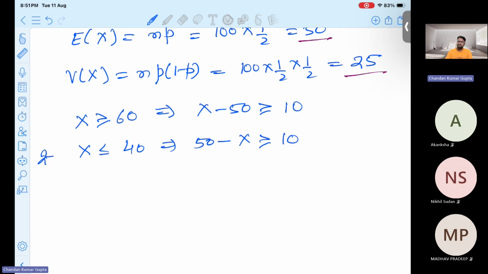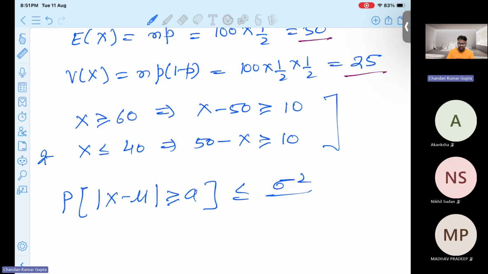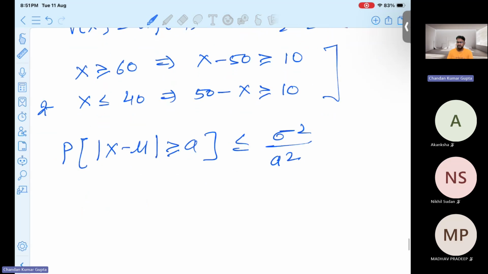So using Chebyshev's inequality, what can we write? Probability that |X minus mu| is greater than or equal to a is less than or equal to sigma square upon a square. Simple. Now put the values.